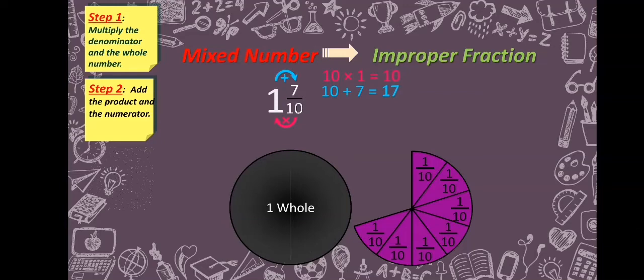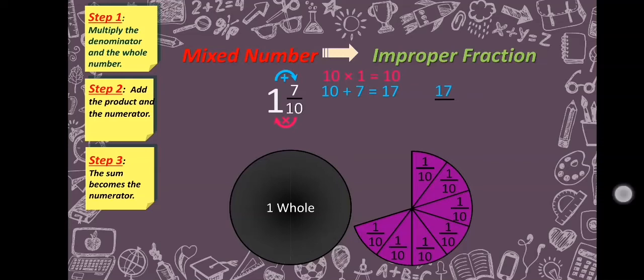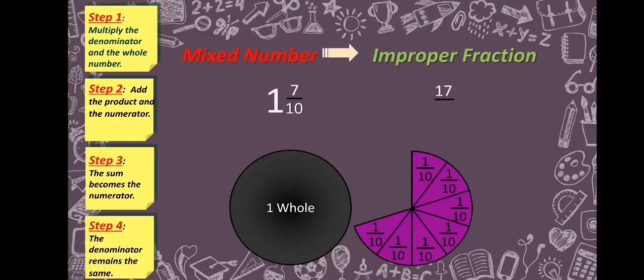And this becomes our numerator. So step 3 is that the sum is our numerator. So we will write 17 as the numerator. Step 4, the denominator stays the same. So we will write 10 as our denominator.